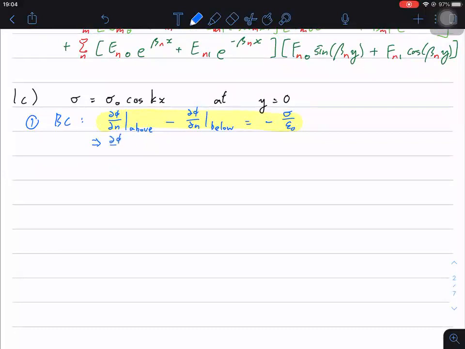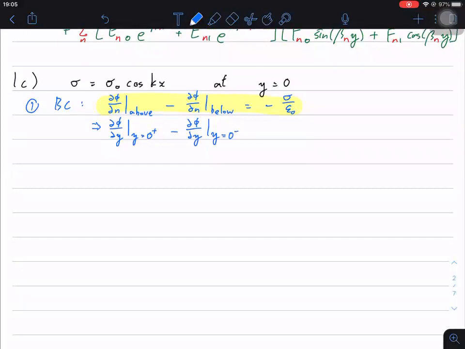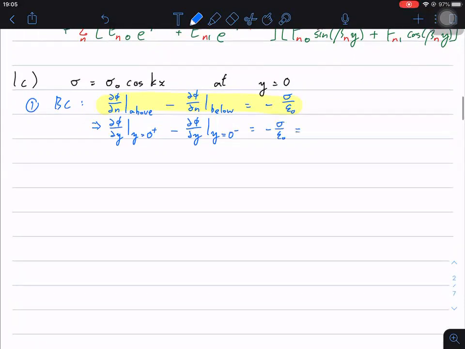So we have the partial derivative with respect to y. For the above case, it's y equals 0 plus, and we subtract the partial derivative of phi with respect to y again, calculated at y equals 0 minus, right below the plane, equals the surface charge density over epsilon naught.